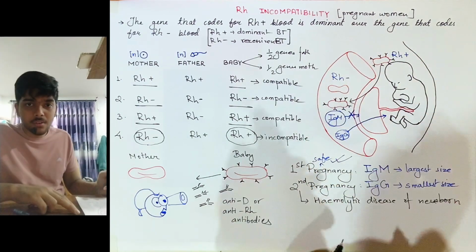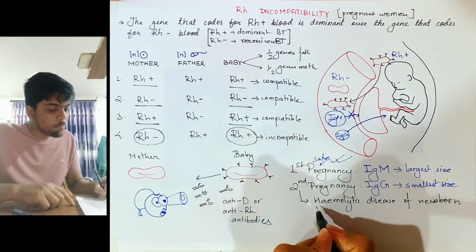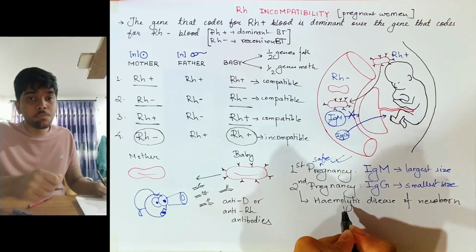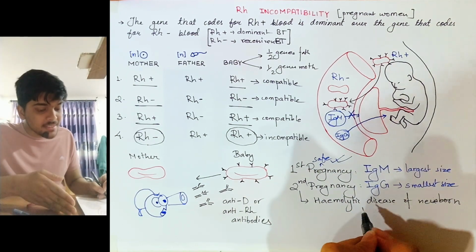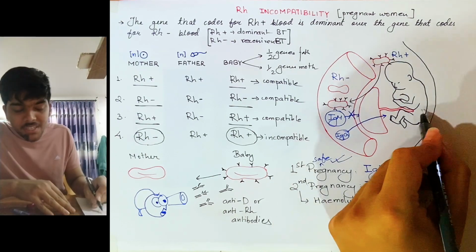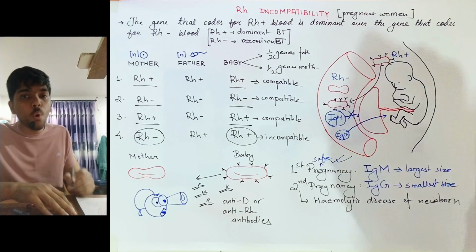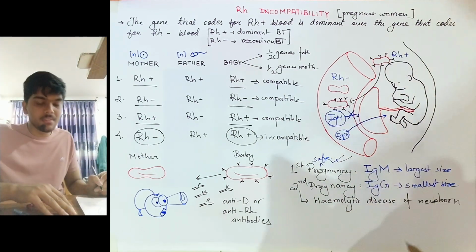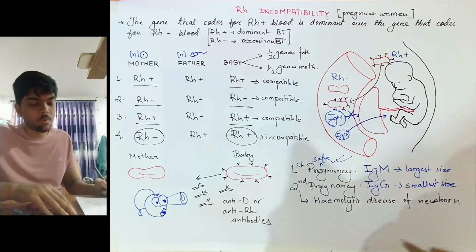This fetus right here is going to be a newborn after delivery. Hemolytic contains 2 parts. There's your heme, which refers to blood, and lytic means lysis or breakdown. Since the blood of this fetus, or the red blood cells of this fetus, gets broken down by the immunoglobulin G antibodies, this particular disease is known as hemolytic disease of newborn.